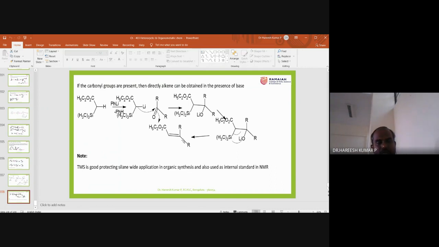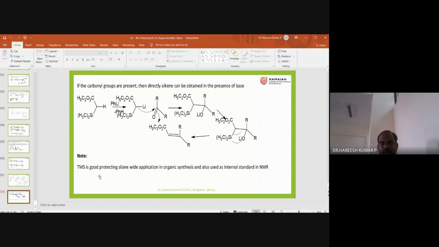And one more thing, I think you are aware of TMS, trimethylsilane. Trimethylsilane is widely used as a protecting group. It is also used in organic synthesis. It is also used, more particularly, as a reference in NMR.